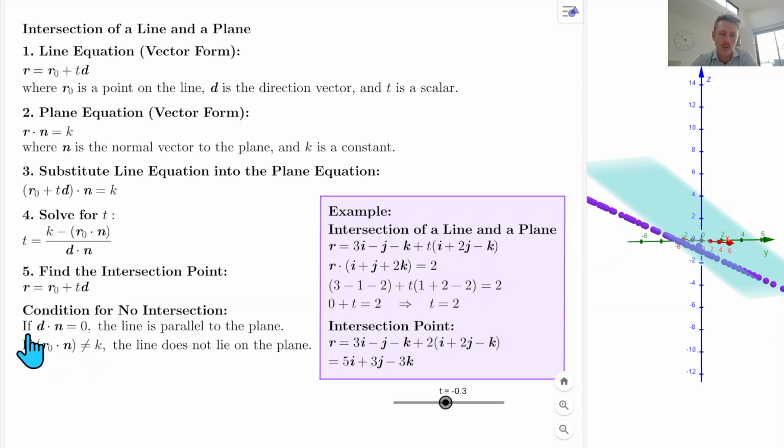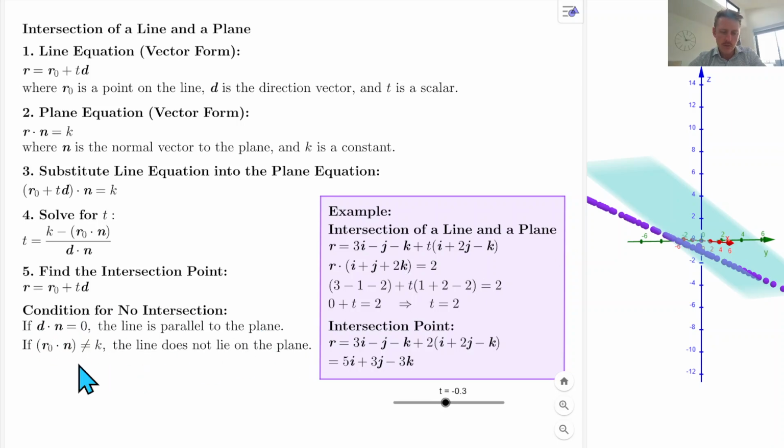And just be careful as well, if the dot product between the direction vector of the line equation and the normal to the plane is equal to 0, the line is parallel.